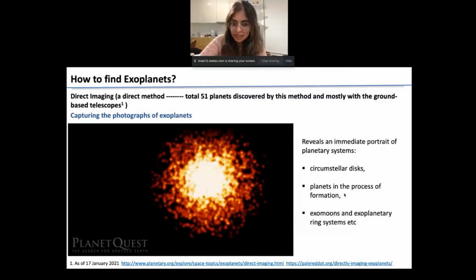In this technique, you can also see exomoons. It's very ambitious. It's so hard to see an exoplanet, and we are talking about exomoons. But yes, this technique can help you even see exomoons, which other techniques cannot. So it's very exciting, and that's why I'm in this field, and I'm still developing and improving the technology.